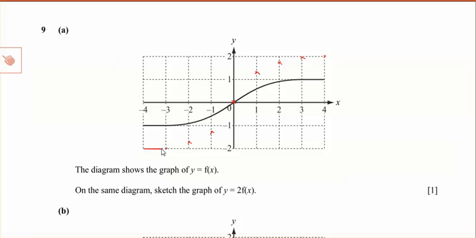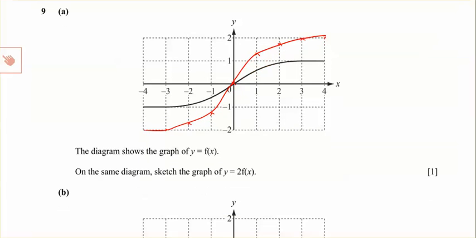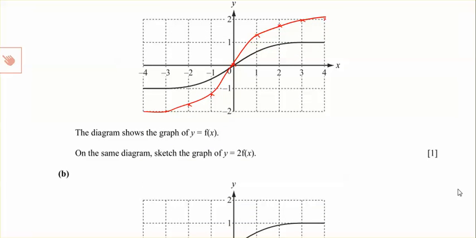So we have this shape, which quite a few had, but I wasn't convinced about the doubling. So a bit picky, but that's what happens. There is only one mark for it, so there's no leeway, really.